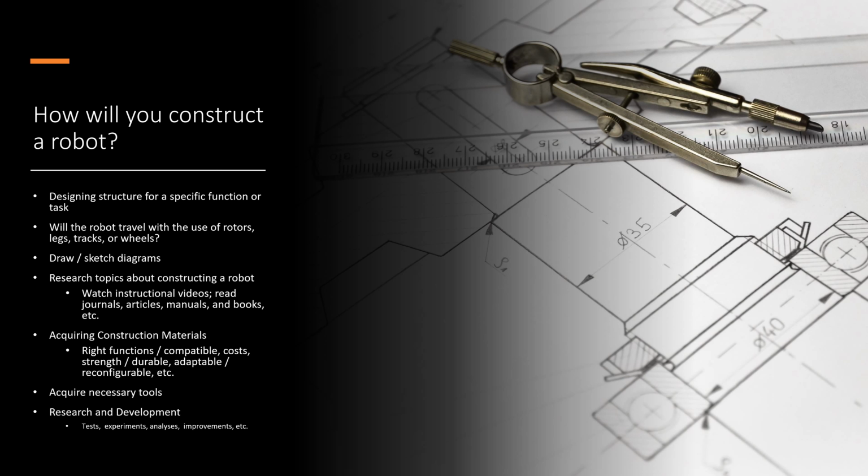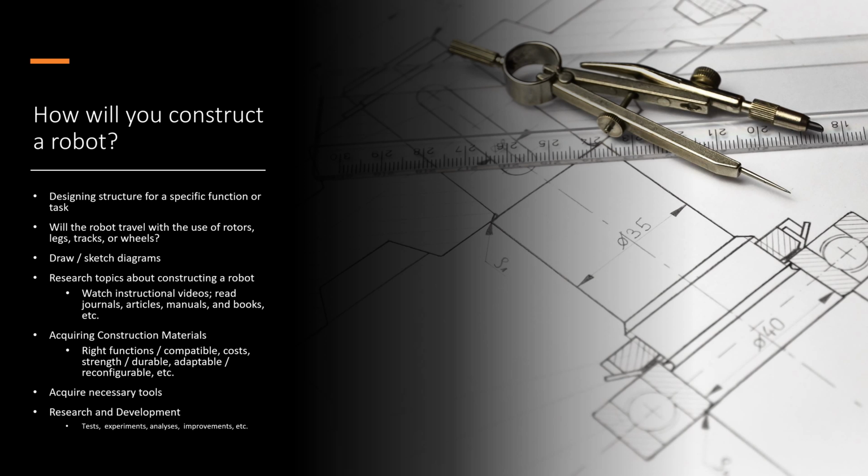Okay, so now you have your reason or reasons for building or constructing your robot. So you now have to ask yourself, how will you construct a robot? You have to decide on the structure. You have to design the structure for a specific function or task. You have to ask yourself, will the robot travel with the use of rotors, legs, tracks, or wheels?